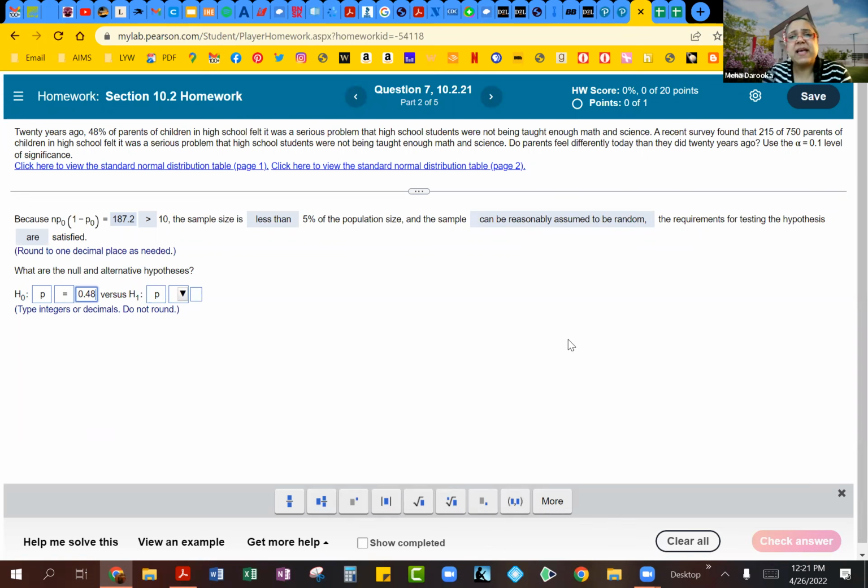However, the question is asking us, do parents feel differently than they did 20 years ago? So they're saying feel differently. They're not saying has the percentage increased or has the percentage decreased. They're just saying, do they feel differently? So when they're talking about differently, you're definitely using the not equal to symbol for the alternative hypothesis. So we will say this is not equal to 0.48.